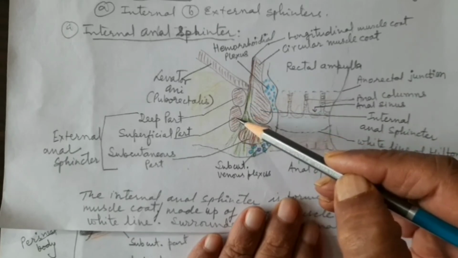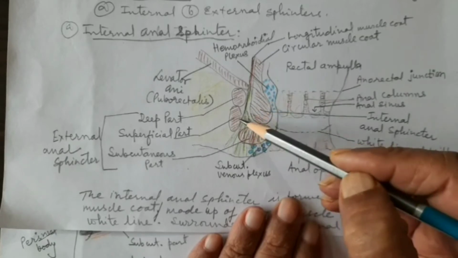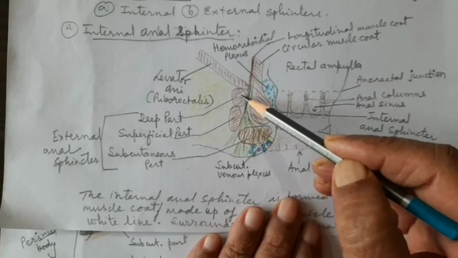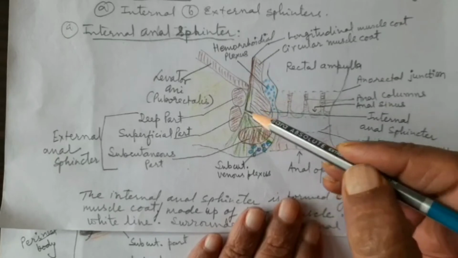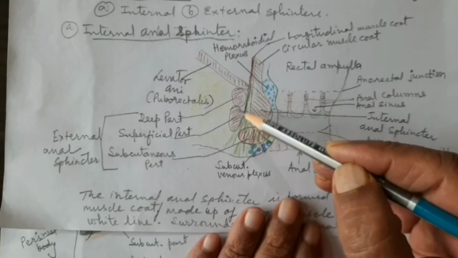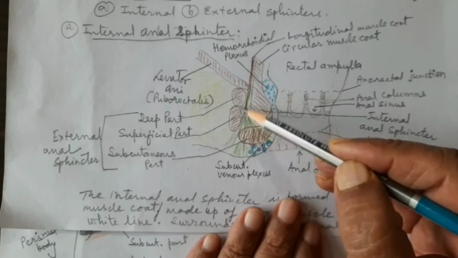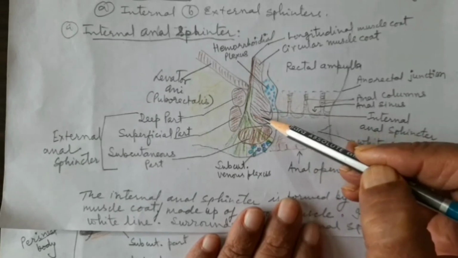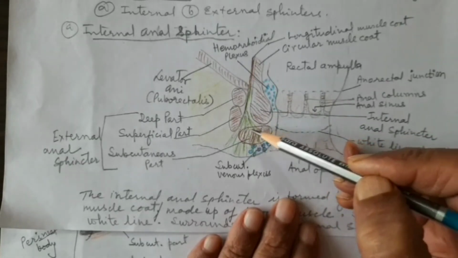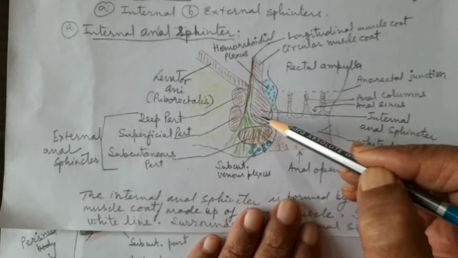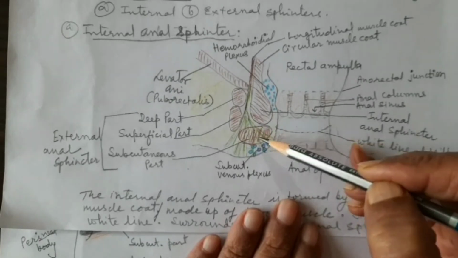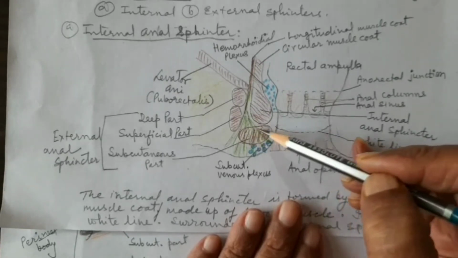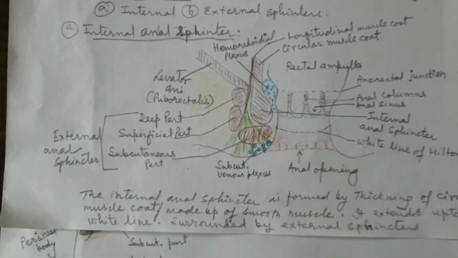This is called the superficial part of the external anal sphincter, and this upper one is called the deep part. Thus the deep part and superficial part, which are made up of skeletal muscle, lie lateral to the internal anal sphincter, while the subcutaneous part lies just superficial beneath the skin, below the internal anal sphincter.